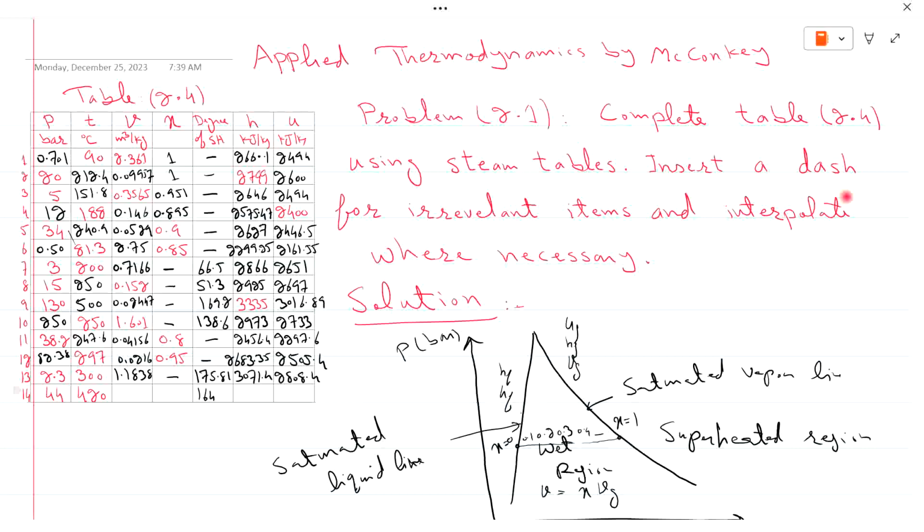Similarly, specific internal energy is 2952.2, specific enthalpy is 3258, X is not defined, and specific volume is 0.0695.